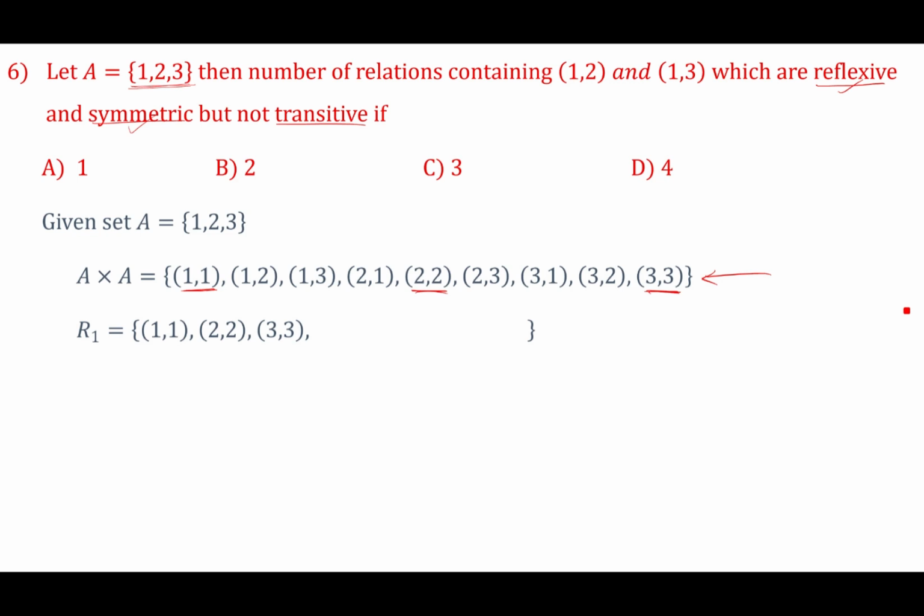Now, it is given that the relation must contain these two, (1, 2) and (1, 3). That's why I wrote (1, 2) and (1, 3). To keep it symmetric, if (1, 2) is there, then it must be (2, 1), and if (1, 3) is there, it must be (3, 1).